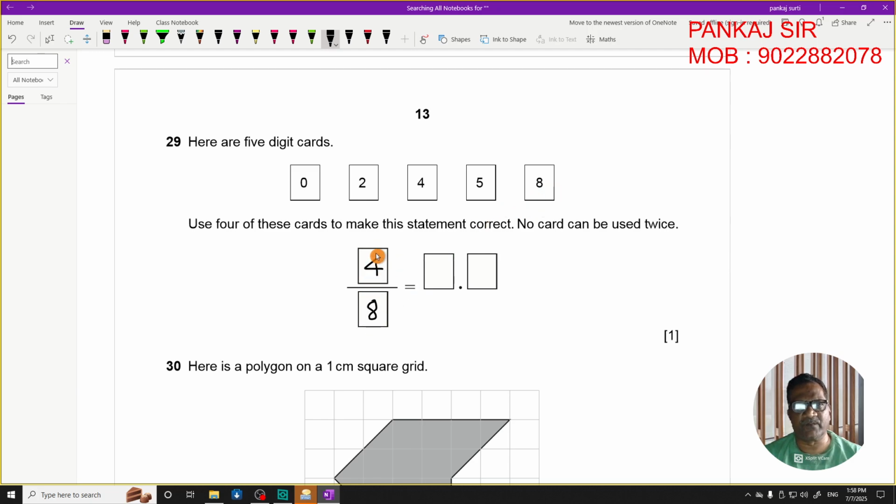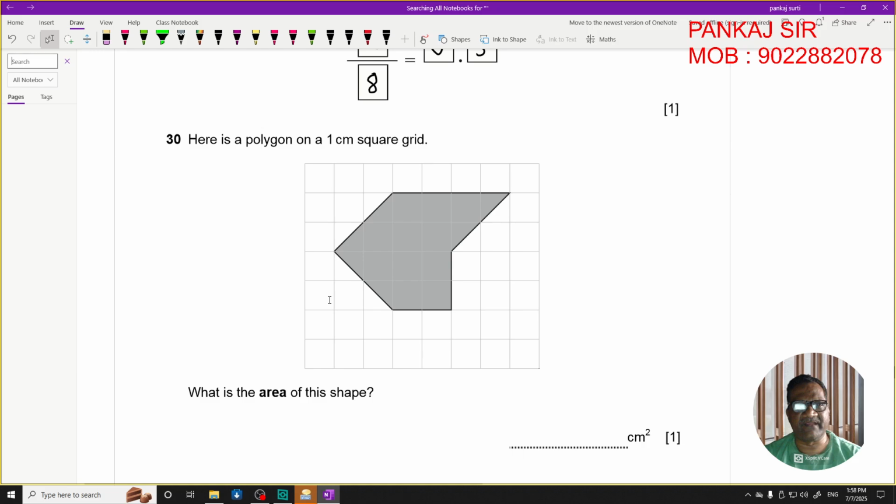So this is 4 upon 8. I know it is half, and half can be written as 0.5, right? So I have used 4 cards, 4, 8, 0 and 5. I haven't used 2, but you are told to use only 4 cards. Okay, and the statement is correct. 4 upon 8 is 0.5.